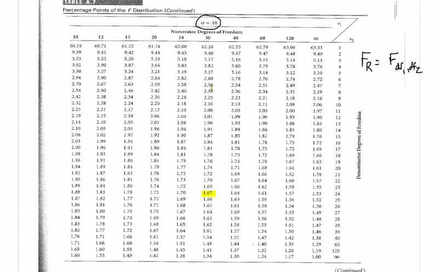So our critical value on the right is 1.67. And now for the second critical value, the left side, we have 1 divided by F of degree of freedom 2, degree of freedom 1, which means we're going to go across degree of freedom 2 across the top, and degree of freedom 2 was 24, and then down to 30. So we have 1.64. So we're going to be 1 divided by 1.64.